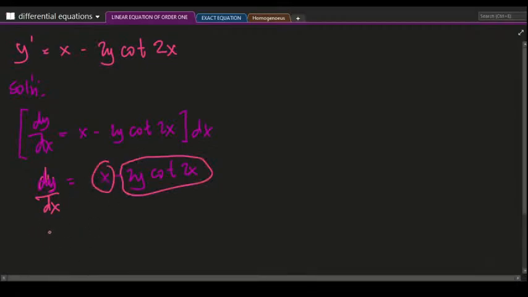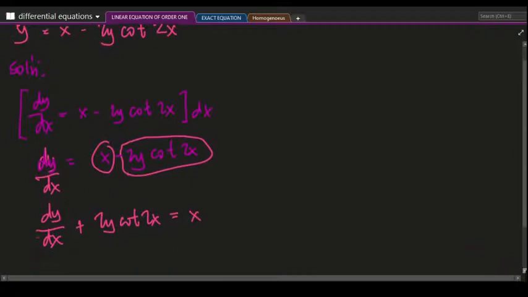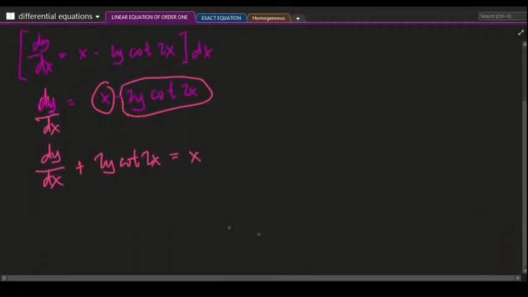So we'll just arrange this. We have dy/dx plus, we just transpose this to the other side of the equation, 2y cotangent 2x is equal to x. Then we determine which is our a of x, b of x, and c of x.